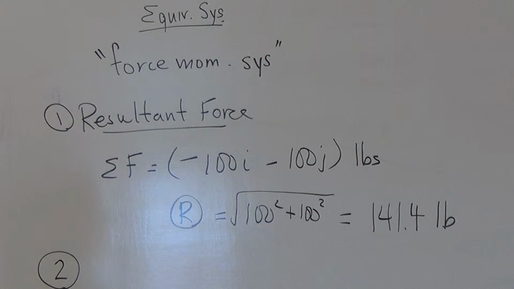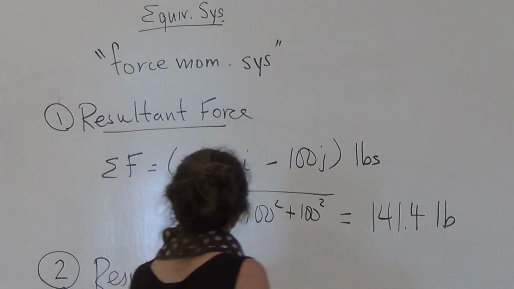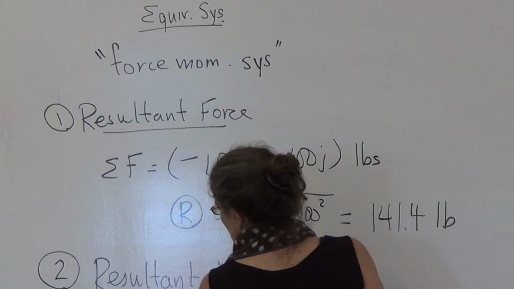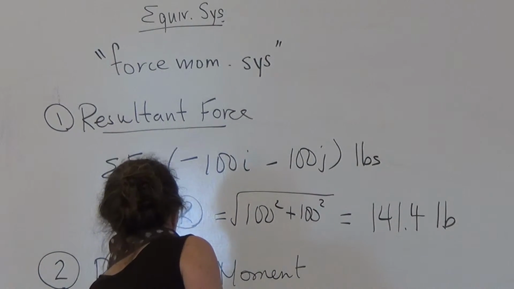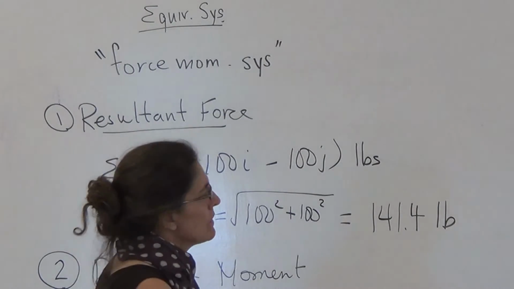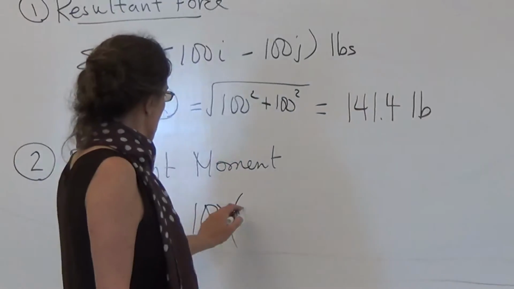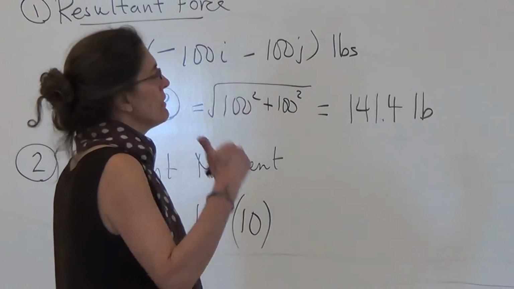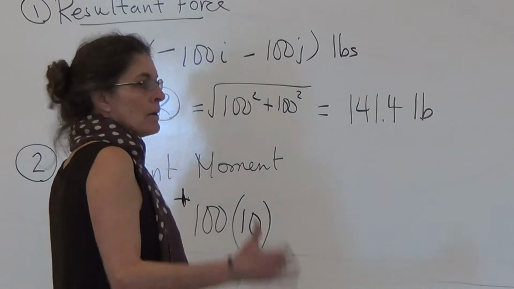Okay, what's the second step, Sarah? Sum moments. Right, find the resultant moment. And are they telling us a point they want us to find the moment about? B. Okay, so you want to give me that? It's the first 100 times what? 100 times, positive or negative?